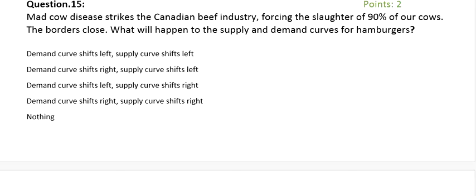Question 15. Mad cow disease strikes the Canadian beef industry, forcing the slaughter of 90% of our cows. The borders are closed, means we don't have other supply source. What will happen to the supply and demand curve for hamburgers? So let's see the idealized supply curve.